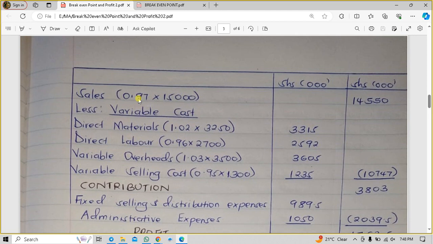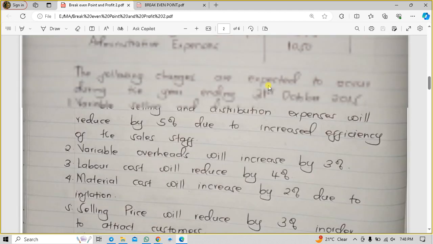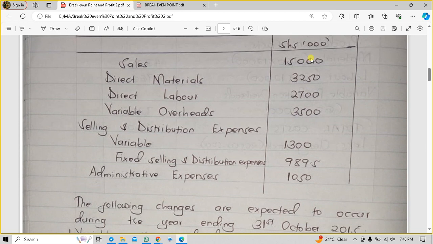So you can write 97% times 15,000 or 0.97 times 15,000. Then you're going to have the sales. So remember to write the zeros up here, because you can see that in this question we have the 3 extra zeros.